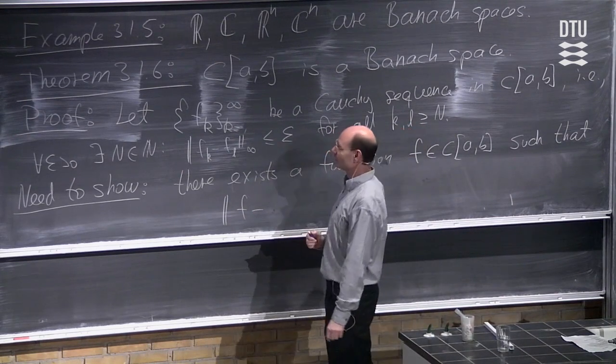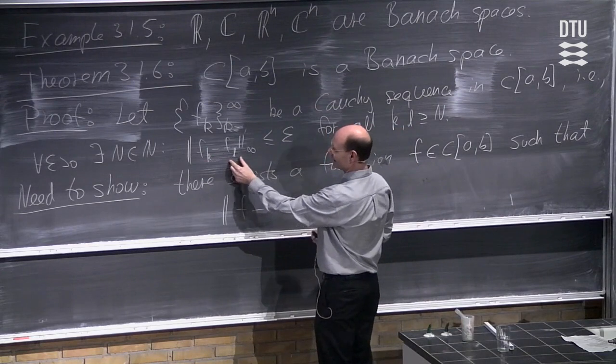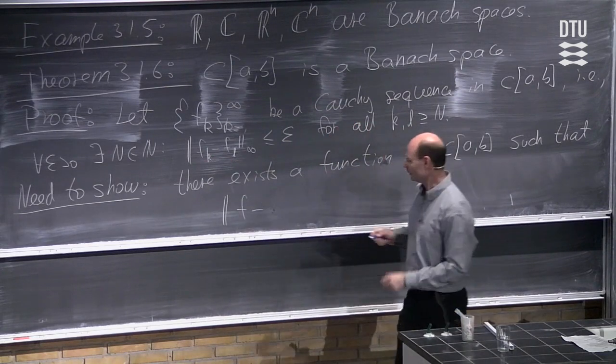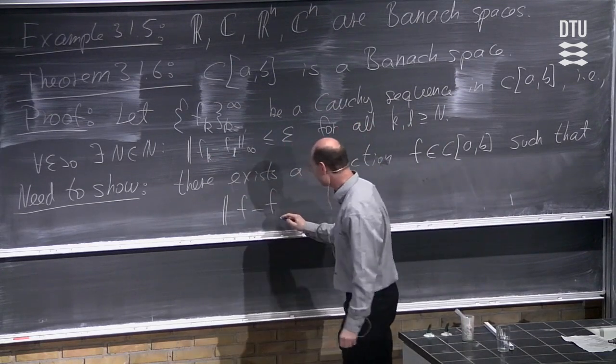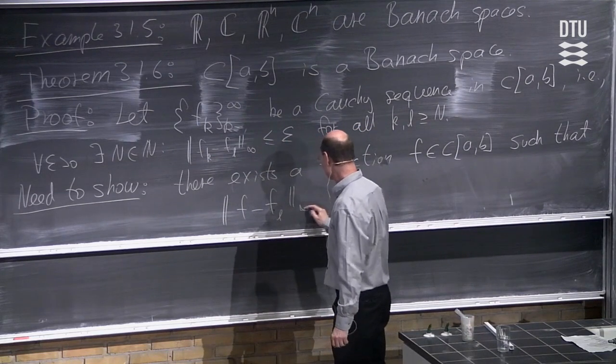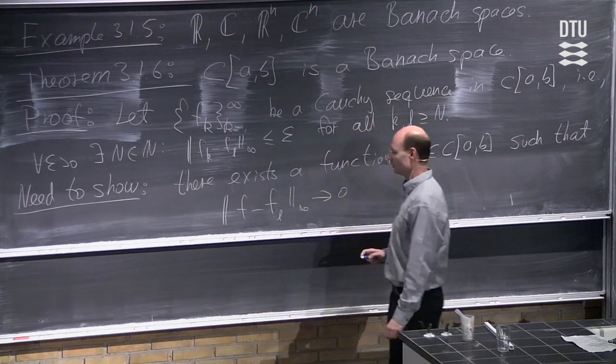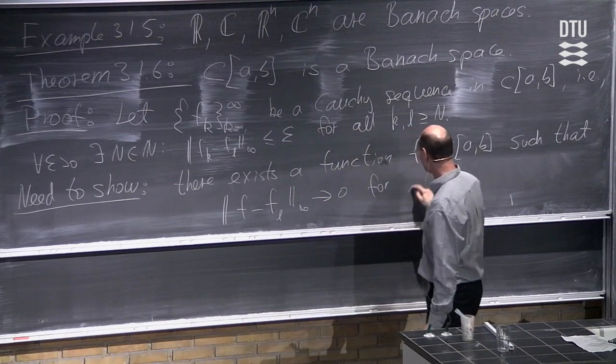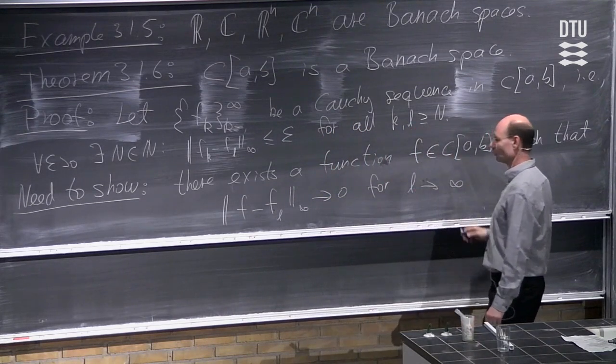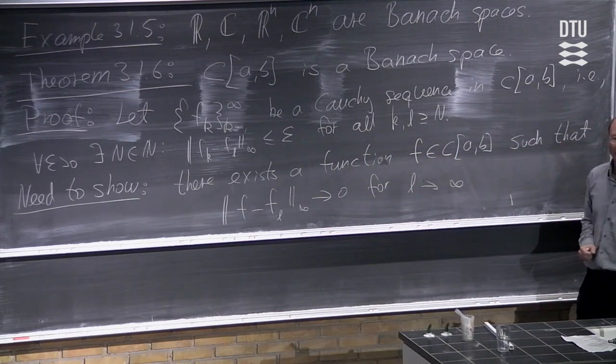Actually, it turns out when we're doing the proof, you see there is a k and there's an l, and the way it comes out in the proof is that we actually show that f minus fl goes to 0 for l going to infinity. But this is just a matter of changing the letter k to a letter l.